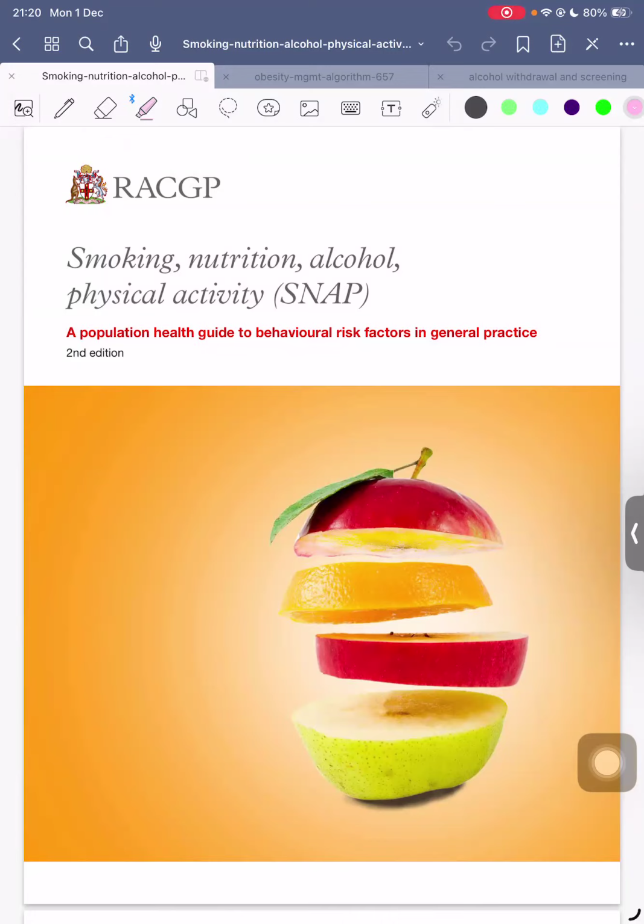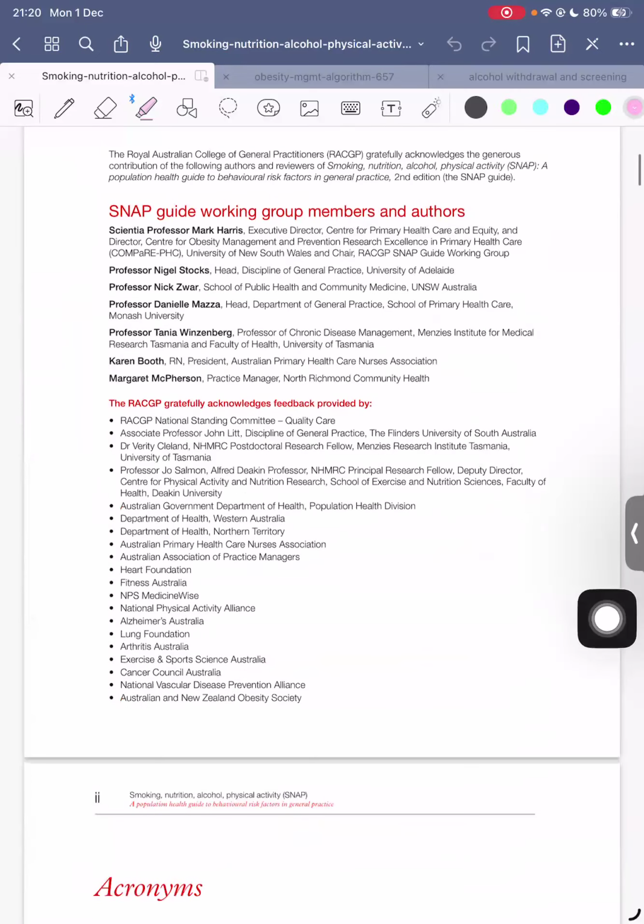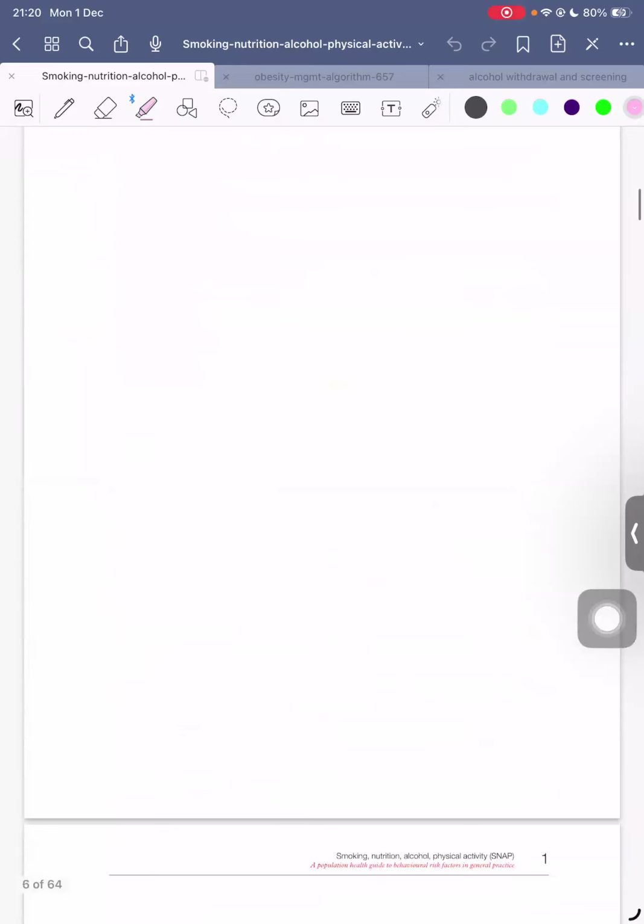Okay, smoking, nutrition, alcohol, and physical activity. Why did they make this kind of guideline? What's the purpose of this?